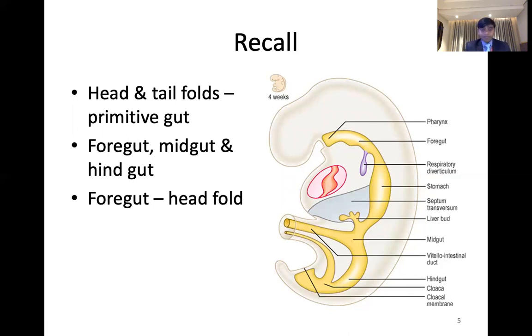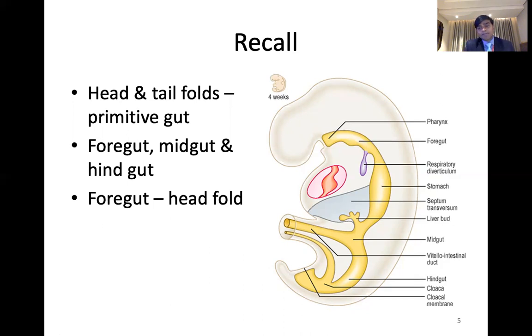Now, this is the foregut, the proximal part of the primitive gut. This area we call the pharyngeal gut. Why do we call it the pharyngeal gut? Because the pharynx and the associated structures develop from this part.